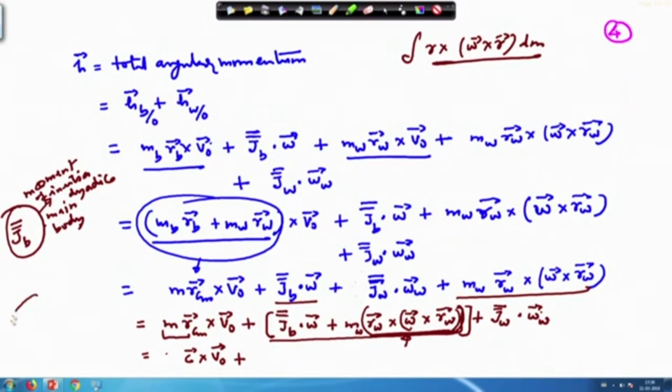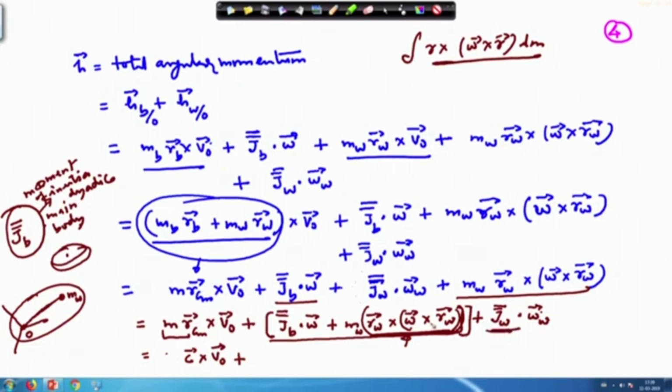So, you have the main body here, main body moment of inertia about this point, and then this point mass also has moment of inertia about this point O. This point mass is the wheel whose mass is m w, as if it is concentrated here, and then you are taking this.